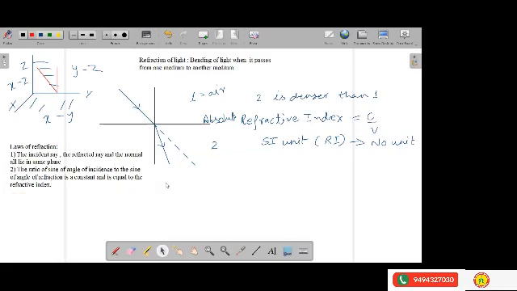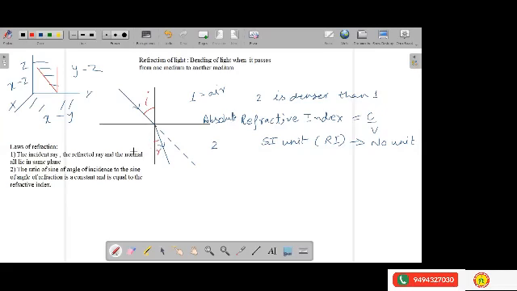So let us try to understand this in this diagram. In the diagram, this is your angle of incidence. The angle made between the incident ray and the normal is your angle of incidence. This is the refracted ray, and the angle between it and the normal is R. So this is the angle of refraction.